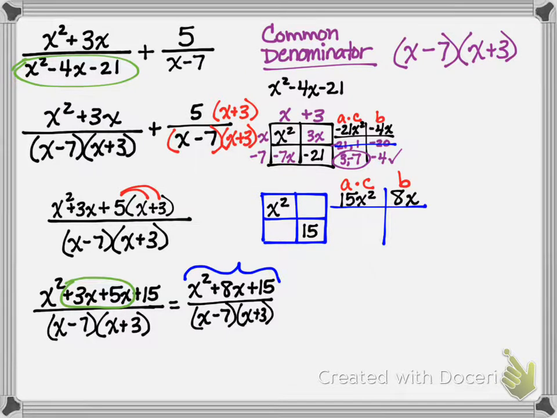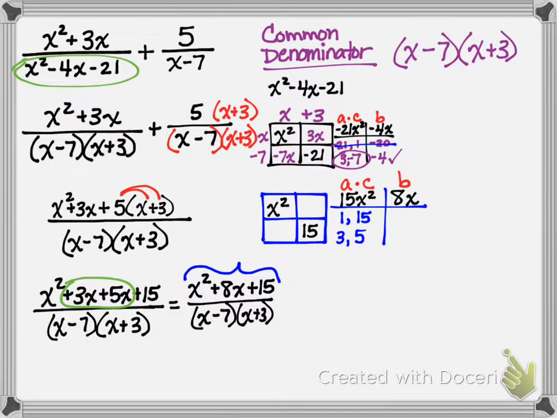So things that I know that will multiply to give me 15. I know 1 and 15. I know 3 and 5. I don't need to worry about negatives on this because both my product, a times c, is a positive number, and b is also a positive number, so I know my two numbers that I'm looking for have to both be positive numbers.